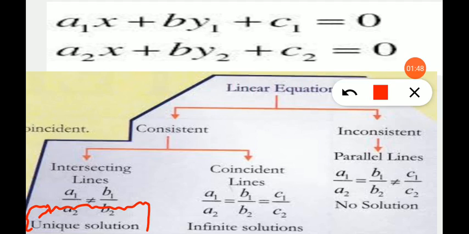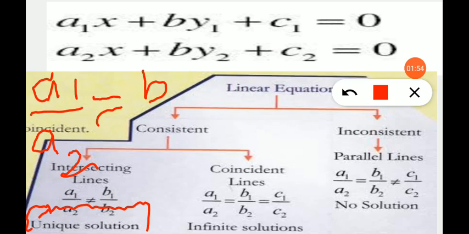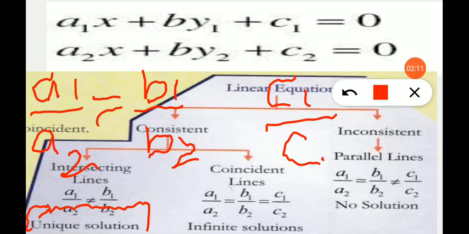Now, the second condition: it can arise that a1 by a2 is equal to b1 by b2. Then we cannot generalize the solution just like that. Hence, we have to find the ratio of the constants, c1 by c2. Again, two cases will arise.